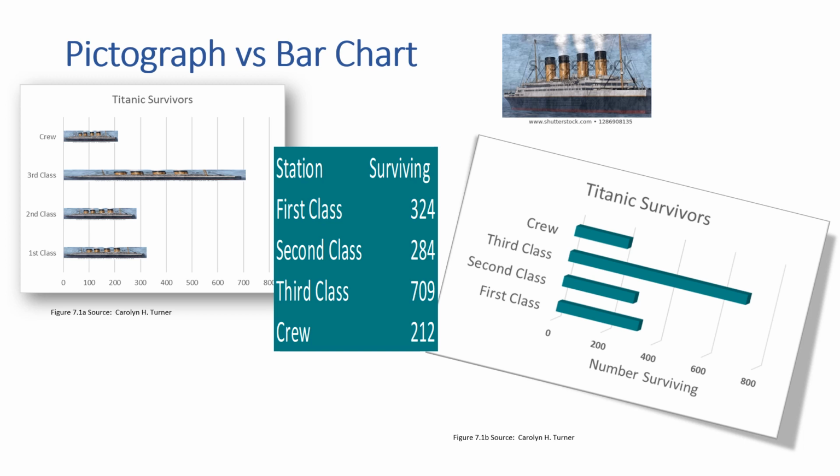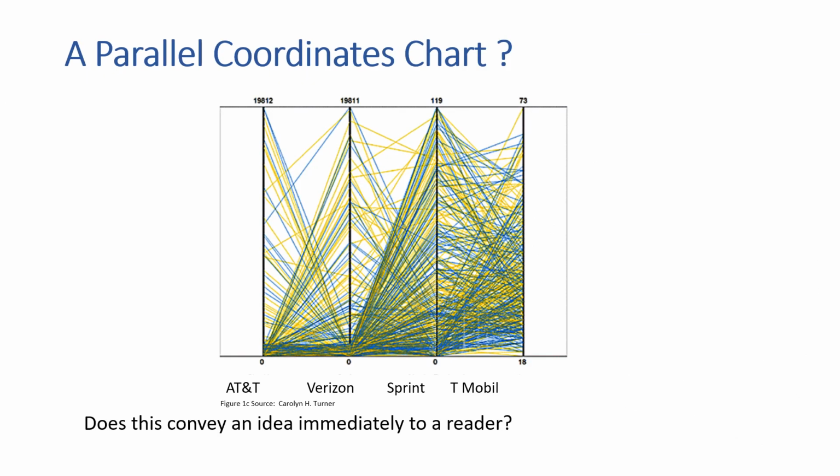I think probably the column chart or the bar chart, which is used because the words are a little long, works best for this data. This is an example of a chart that would not be very useful. It's hard to make heads or tails of what we're trying to get across here.